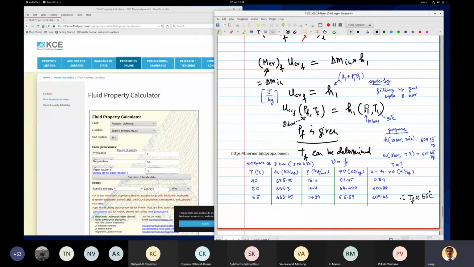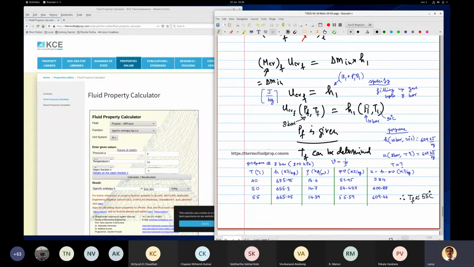And now in the actual case, when you fill up these tanks, do you really insulate it? I don't think so. They don't insulate it, but it happens so fast. The filling up of the cylinder happens so fast that very little heat will be able to go out through the bottle by conduction.